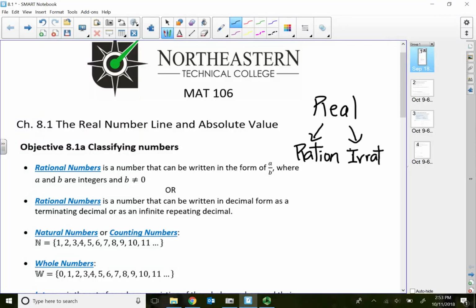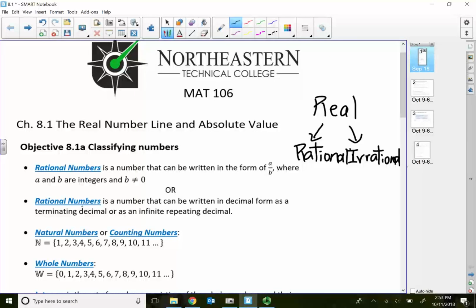In a minute, when we do this example, the first thing we're going to be able to identify is rational versus irrational numbers. A rational number is a number that can be written in the form a over b, which is a fraction, where a and b are integers, and the denominator can never be zero. So rational number is just another word for fraction.